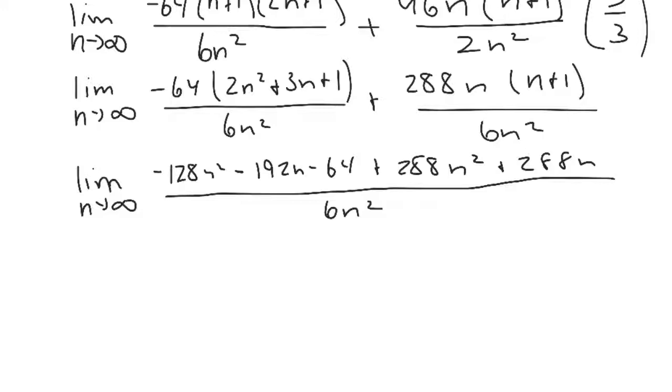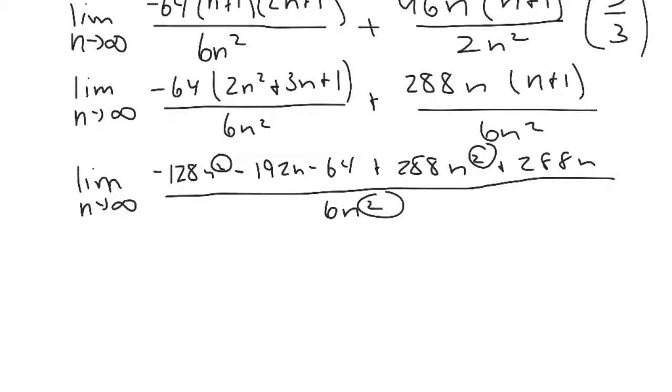And right now I can see that I have a second order polynomial in the top because my biggest power is 2, and the order of my polynomial on the bottom is 2 as well.